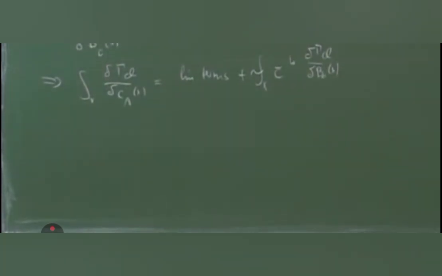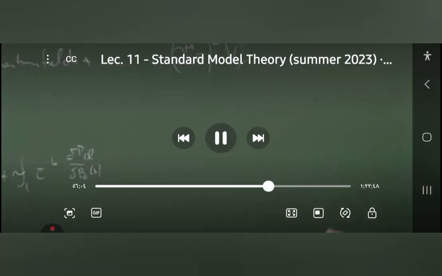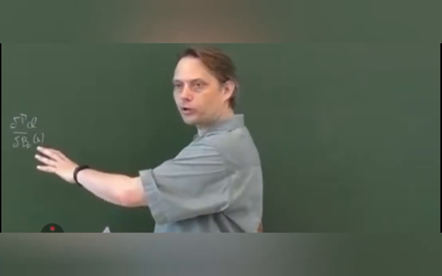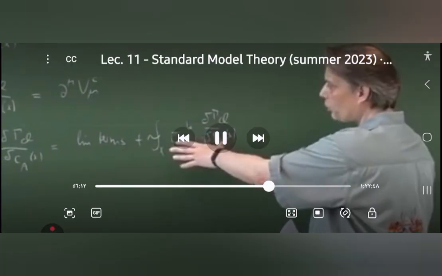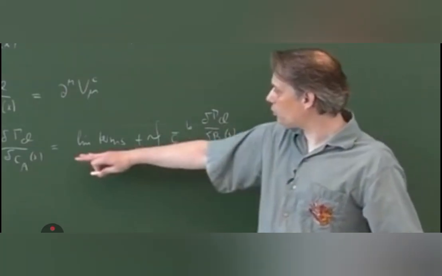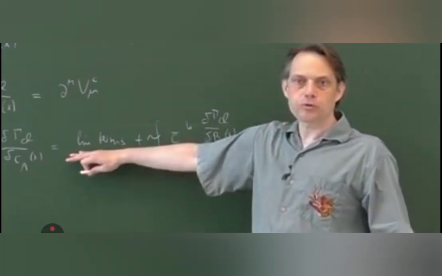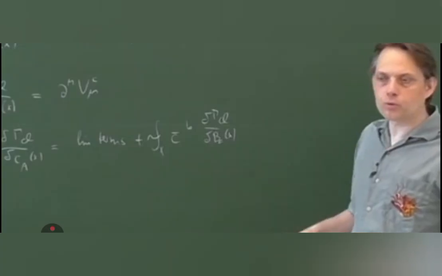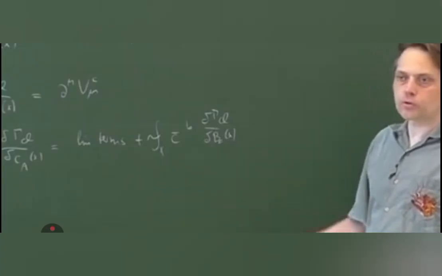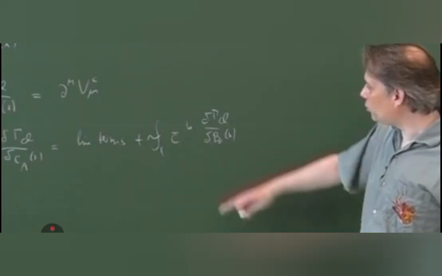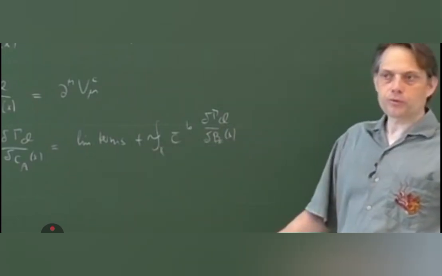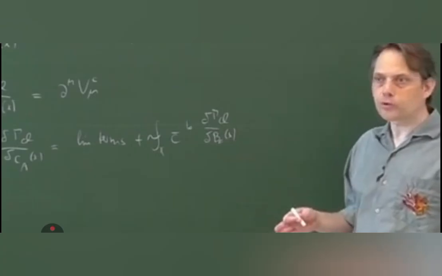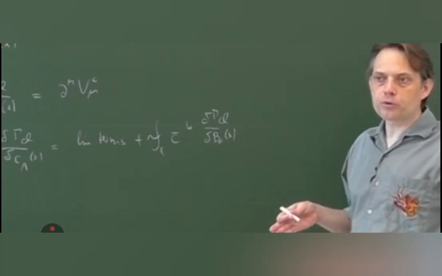And so we do not care about the precise prefactors, but we care about the structure, because now we have a structure of an equation where some combination of first derivatives of the classical action give linear terms. And this is an equation which has a form similar to Ward and Slavnov-Taylor identities, and we showed in quantum field theory 2 that if we have such an equation with linear terms only, then this automatically holds not only at tree level, but the same equation will also hold at all orders.